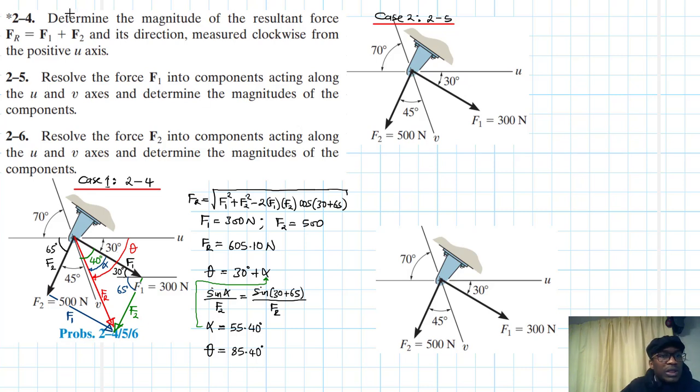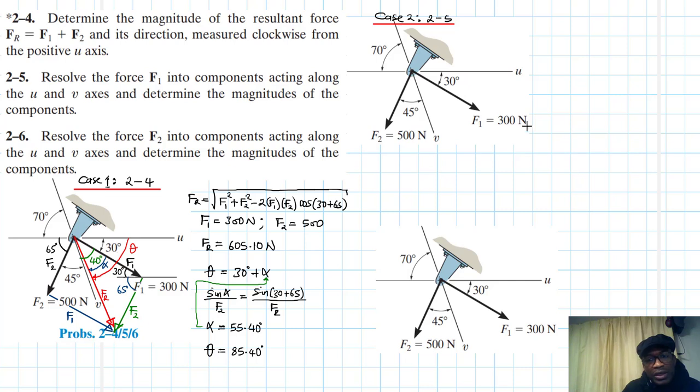Alright, so what we just need to do is to draw two components along U and V, so that our resultant is F1, and then we find those components. Alright, so let's do so. Let me use blue. So along U and V, so we have F1.